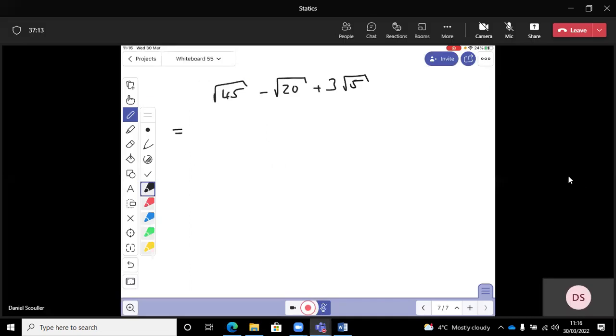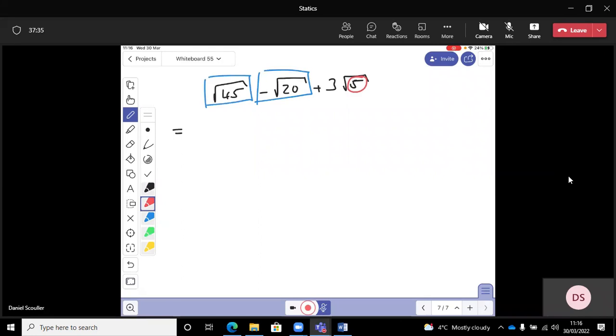Okay, so what you want to do is split up all your terms, simplify them as far as possible, okay, to be left with the same surd. And when we've got the same surd for all these terms, we can simplify it down.